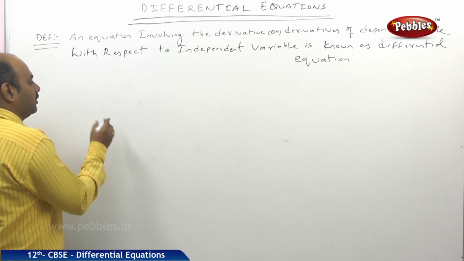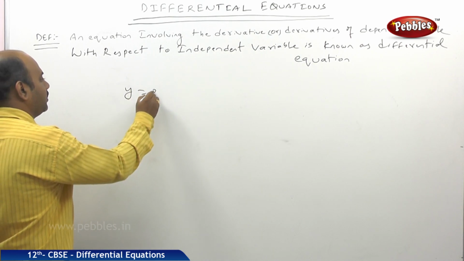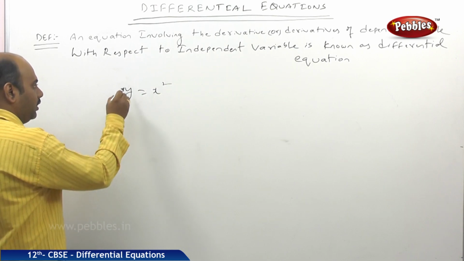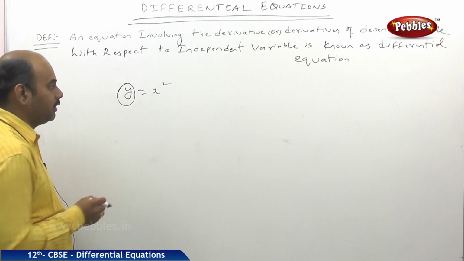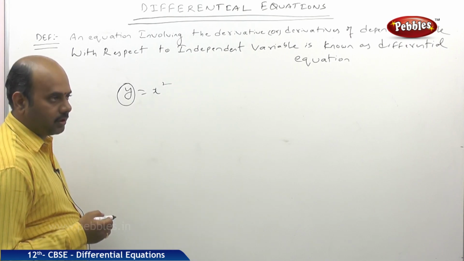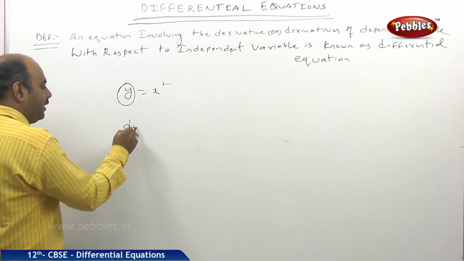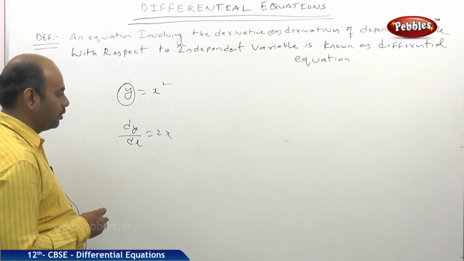Suppose a function is given to you, once again I will be repeating, y is equal to x square. Here y we call a dependent variable, and x we call an independent variable. If I differentiate, we get the result dy by dx is equal to 2x.